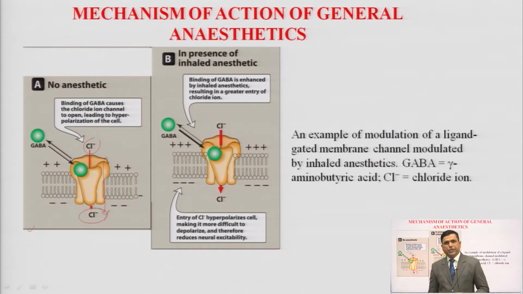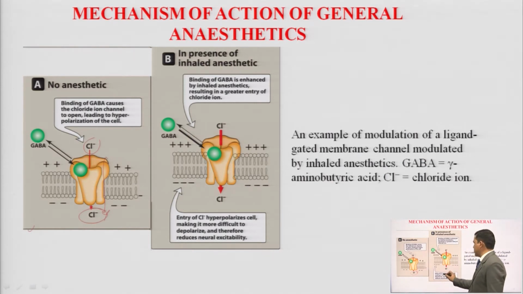When we are using the general anesthetics, in the case of inhaled anesthetics, the drug binds with this GABA receptor and increases the chloride ion channel opening. Due to this, more negative ions come in, causing hyperpolarization.